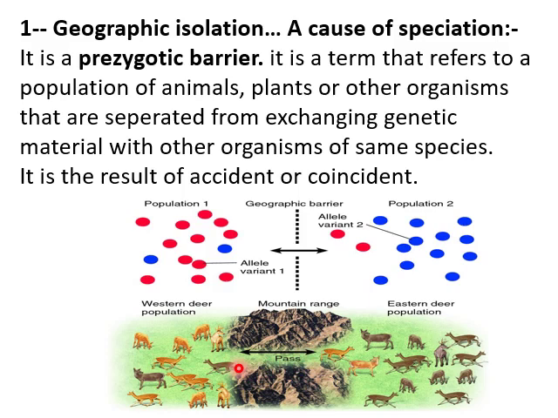But suppose some members of the western deer population migrated towards the eastern deer population, and some of the eastern deer population migrated towards the western.